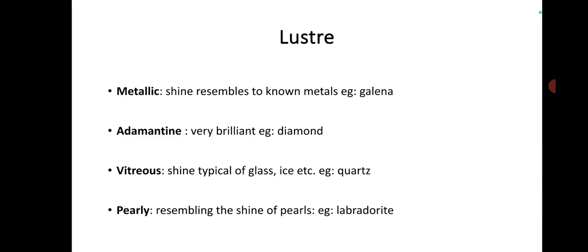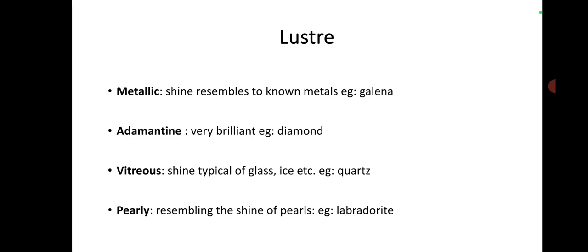Metallic means the shine is similar to metal, for example galena. Adamantine is a very brilliant luster exhibited by diamond. Vitreous is like that of glass or ice, exhibited by the mineral quartz. Pearly is like the shine of a pearl, exhibited by labradorite.